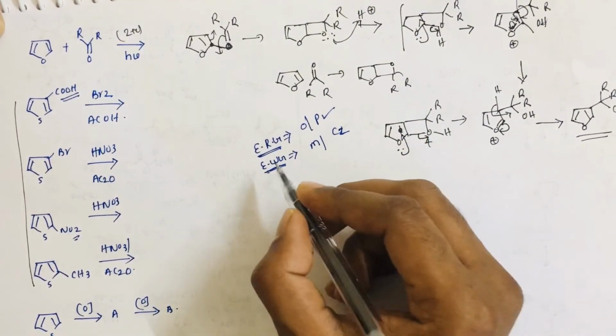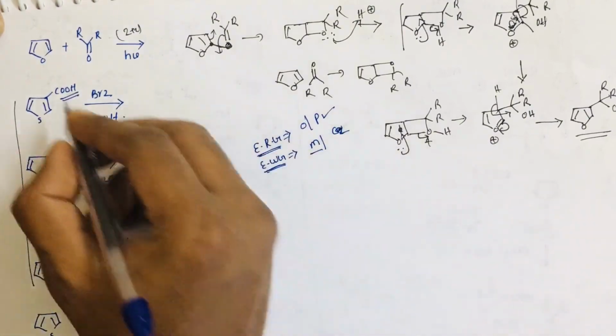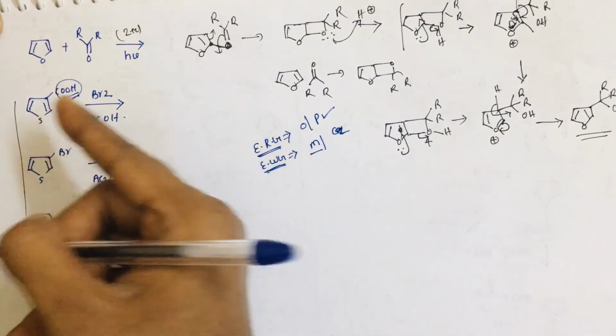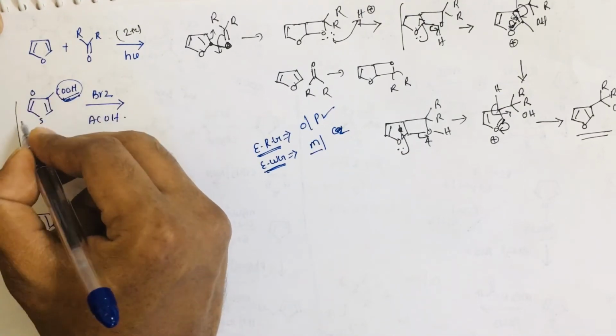When we have an electron withdrawing group, meta product is major. Here we have the electron withdrawing group carboxylic acid, and bromine goes to the meta position, ortho meta.